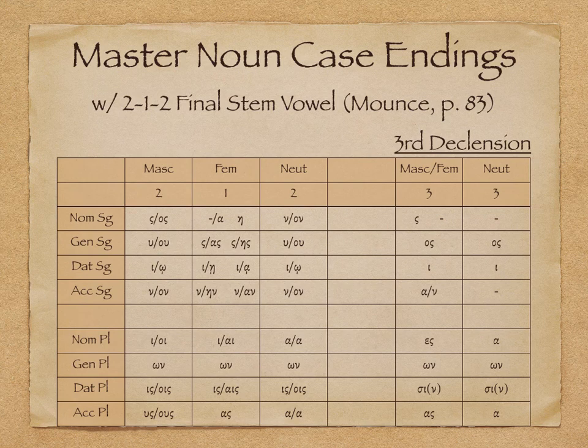But you can see that the third declension endings are not all that different. There are some that are exactly the same. Dative singular. Iota is the ending across the board. We know that in the feminine, the long vowel, the iota subscripts, and as well the masculine and neuter in the first and second declension, that iota subscripts under a long vowel, but there is no long vowel for the iota to subscript beneath in third declension.